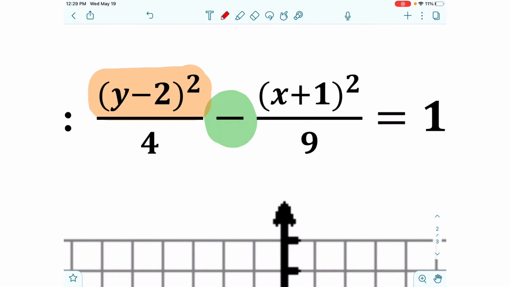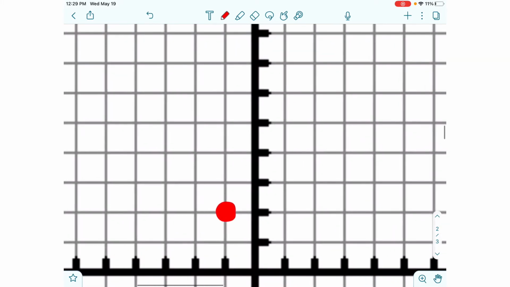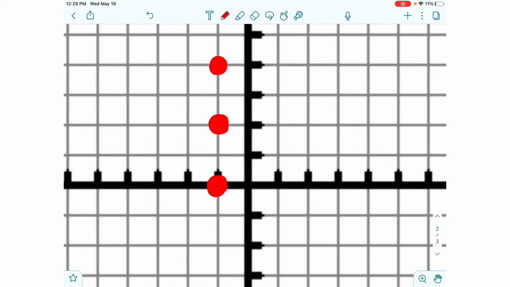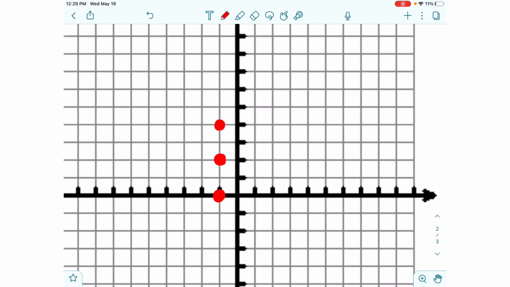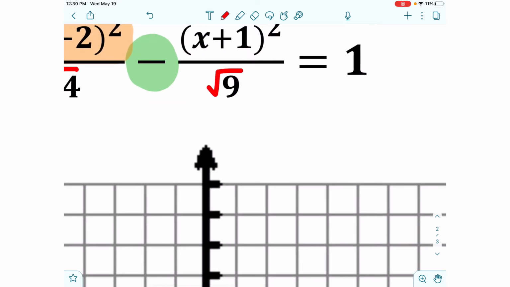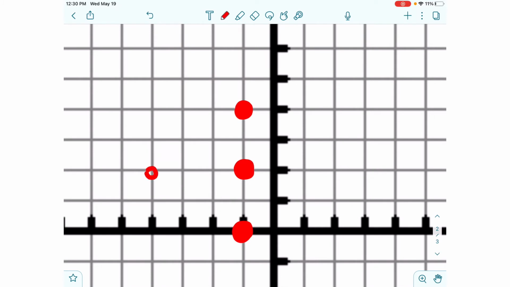So even if the y was over here, it would still indicate up and down. From the center, the square root of 4 is 2, so I am going to go up 2 and down 2, because the 4 was under the y, which indicates vertical movement. Whereas the 9 is under the x, which indicates horizontal movement. The square root of 9 is 3, so from the center, I'm going to go left 1, 2, 3, and right 1, 2, 3.